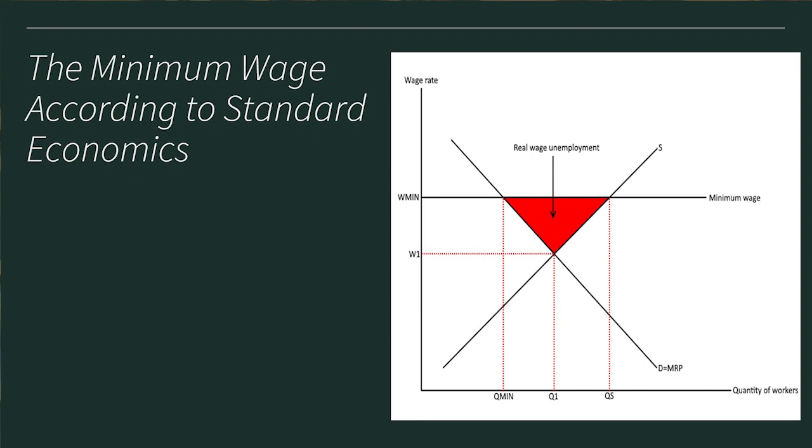And the result is unemployment equal to the gap between Q5 and Q min. That was a diagram in every economics textbook, but it turned out to be completely wrong. When the minimum wage was introduced in 1998, employment did not fall at all. There was no unemployment as a result. The conventional theory, quite simply, was exploded.